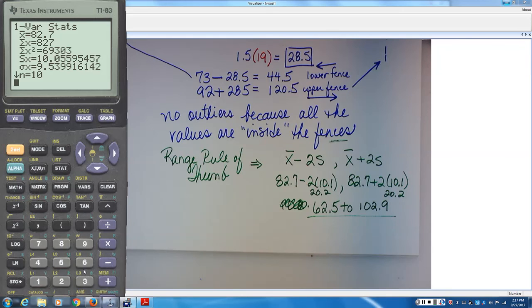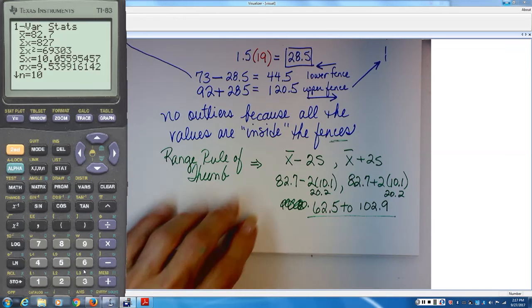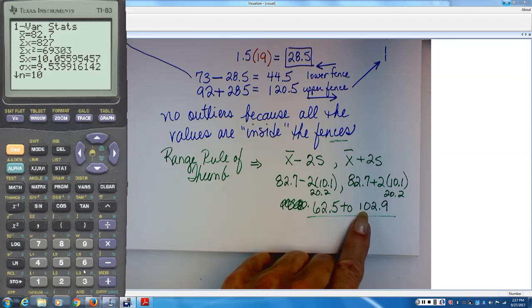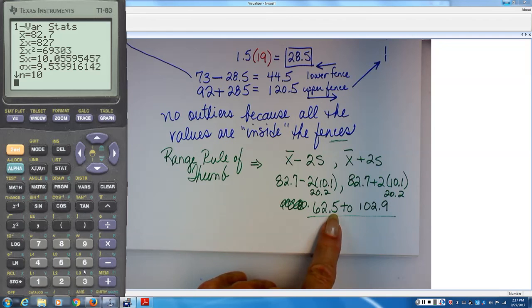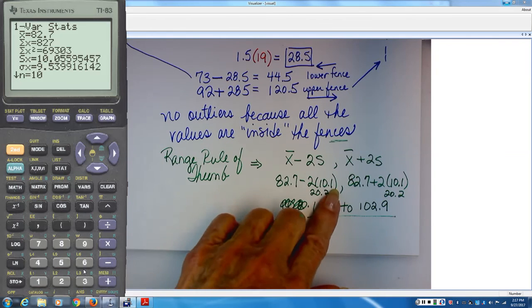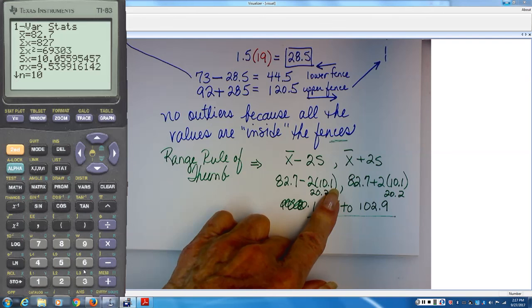Okay? All of your data is still within those two boundaries. Your largest data value is 97, which is inside that, and your smallest data value is 69, which is inside that. This is a much more conservative rule.